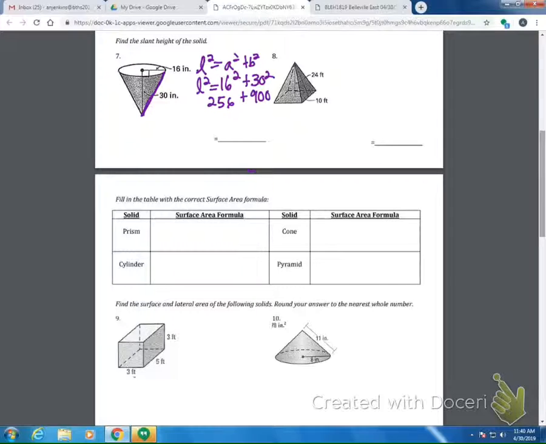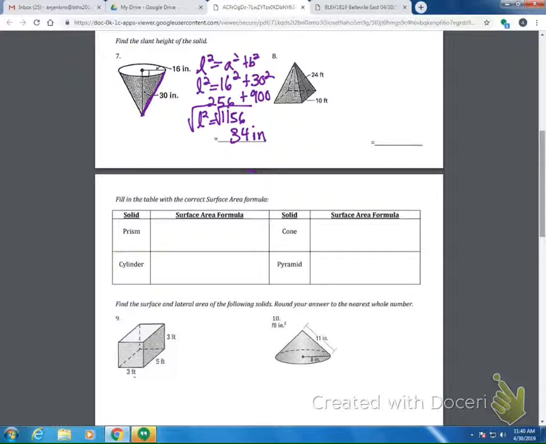Now I'll have you add the 256 and that 900. Okay, do you want to square root that for us too? Just because you're already in it. So we square root it to find that last part. 34. Yep. And then remember, this is going to be in inches, so we write the little inches sign next to it.